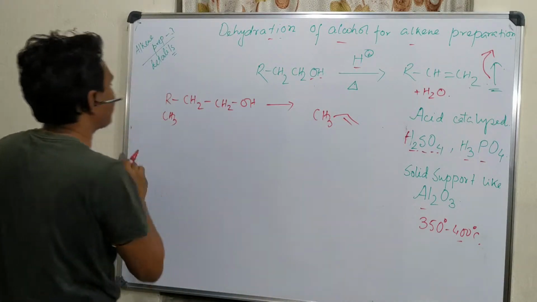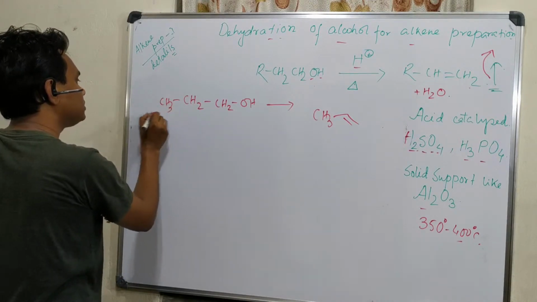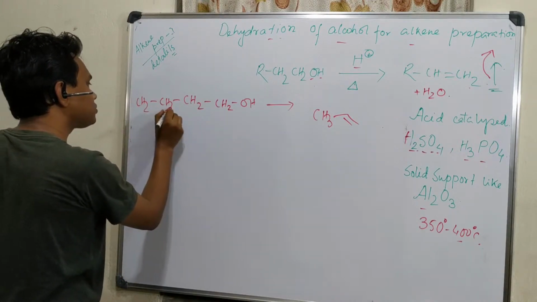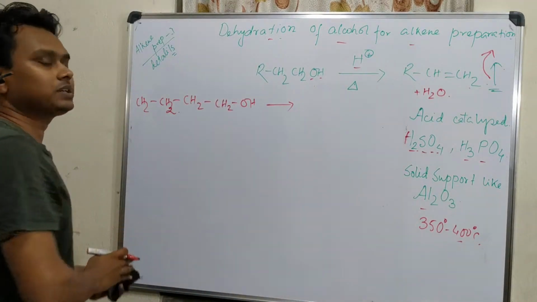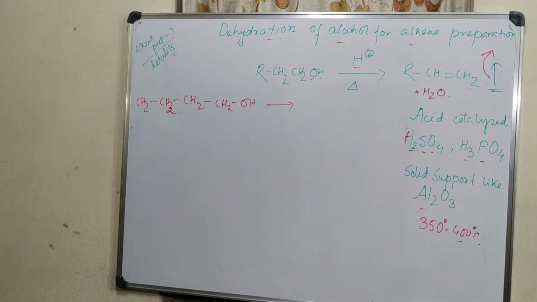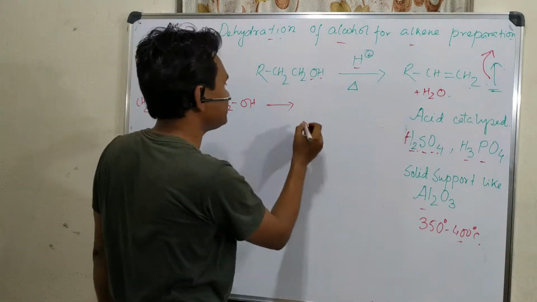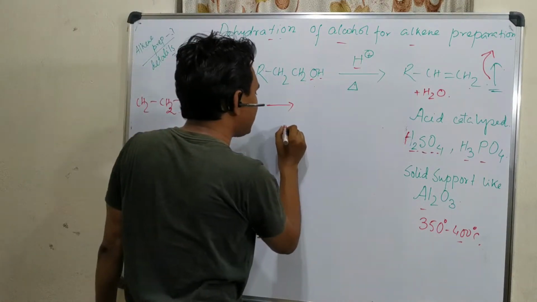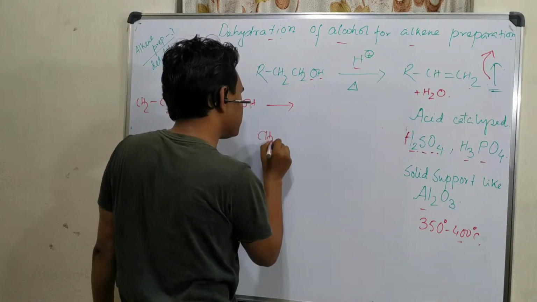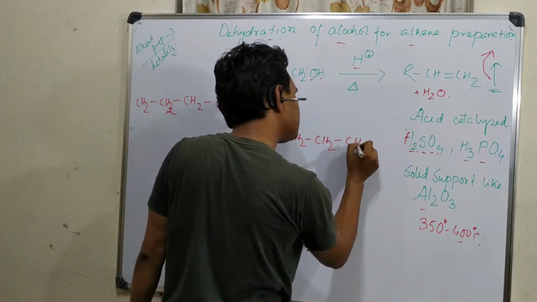But if we take a higher alcohol, for example, let's take butanol, CH2CH3, then what will be the product? It is expected that it will produce a mixture of products. What do I mean by mixture of products? This n-butyl carbocation will be produced, CH3, CH2, CH2 and CH2.